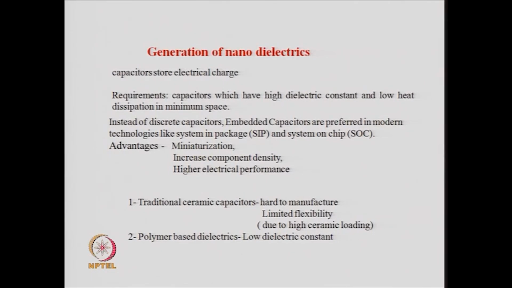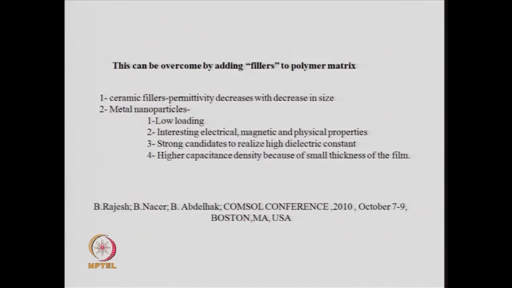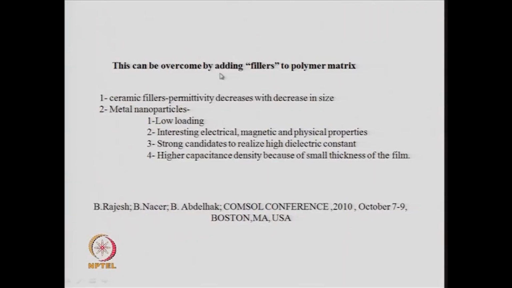If you want high dielectric constant, then you use ceramics. So, if you want to combine both the properties, that is, you want to retain the high dielectric constant of the ceramic part and increase flexibility by adding a polymer to make a polymer composite, then you can make such a composite by adding fillers to the polymer matrix. So, both the properties will be retained.